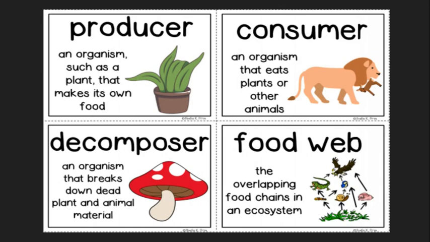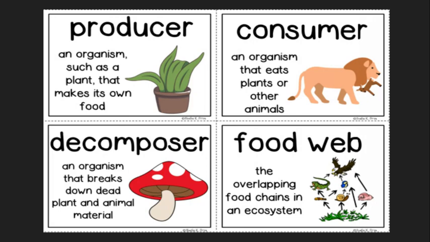So you and I are consumers, because when you eat that delicious pork chop for dinner, you have eaten an animal, and those green beans on the side, you've eaten a plant. So a consumer eats plants and other animals. A decomposer is an organism that breaks down dead plant and animal material. So things like bacteria and fungi.